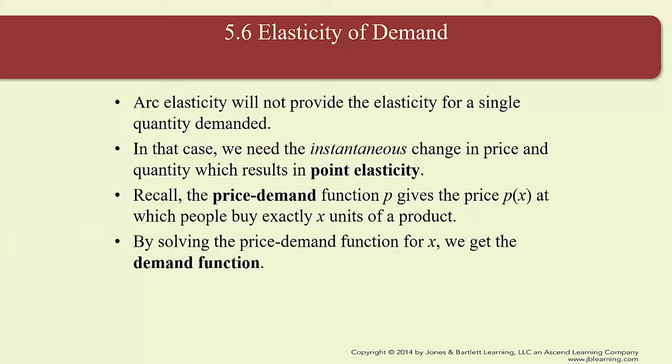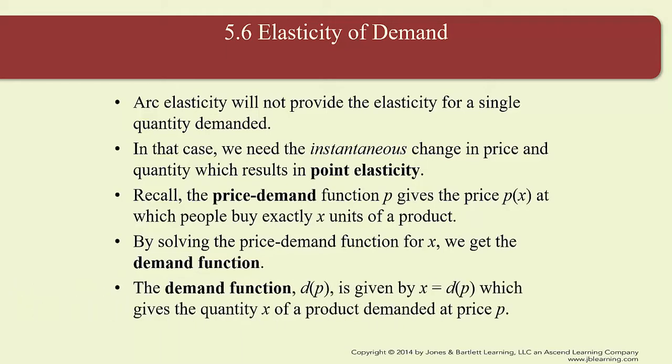If we solve the price demand function for X, we get simply the demand function. Now the demand function, which will be denoted D of P, is simply X equals D of P. And it gives the quantity X of a product demanded at price P. So we have to have the demand function in order to determine point elasticity, or the elasticity of demand.